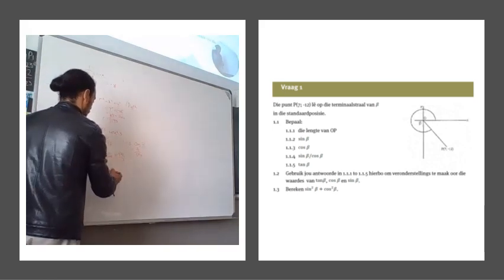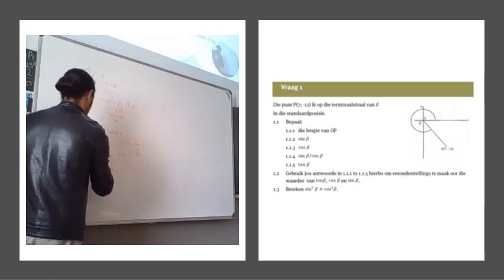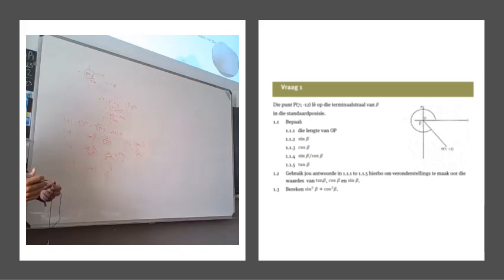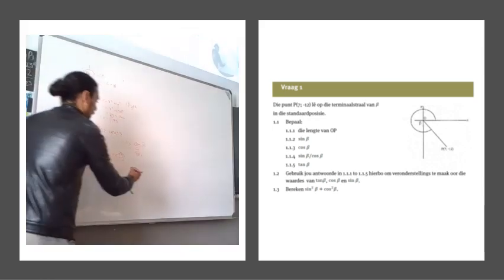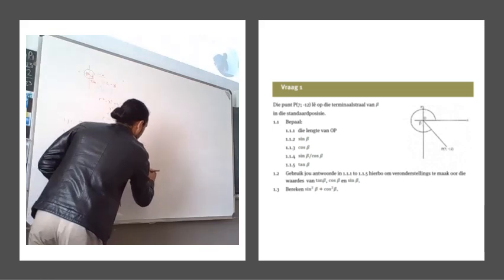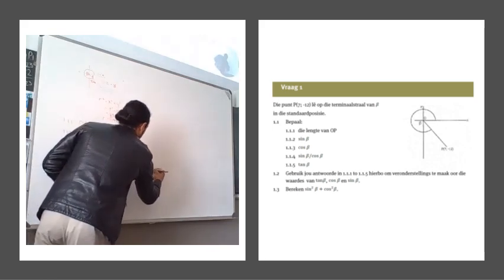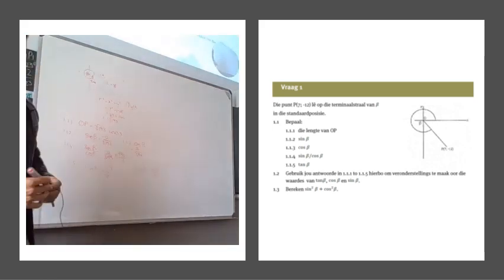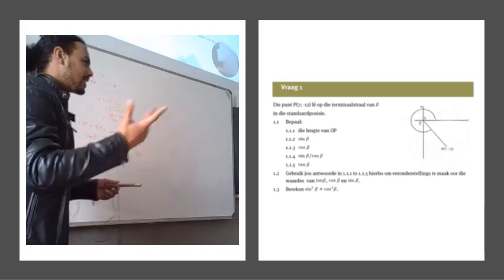And what they want you to see here is that this is called the quotient identity. If you didn't know that, the quotient identity looks like this: tan of beta is equal to the sine of beta over the cos of beta. We're in grade 10, I think, or grade 11.